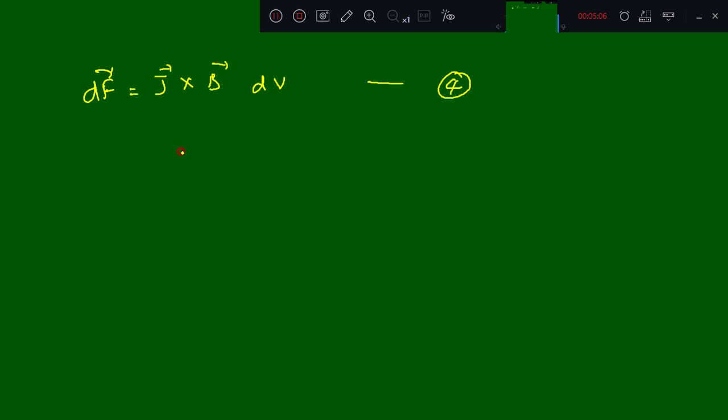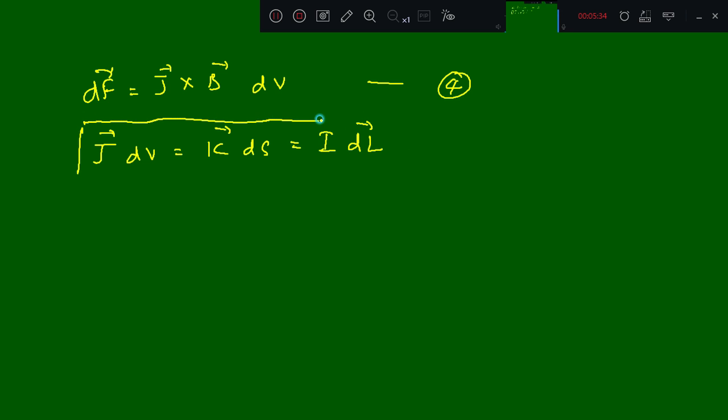We have already studied in the previous chapter the relation between current elements: J dv equals K ds, or in terms of current, I dL. This is an important relation between current density, differential surface and differential length.